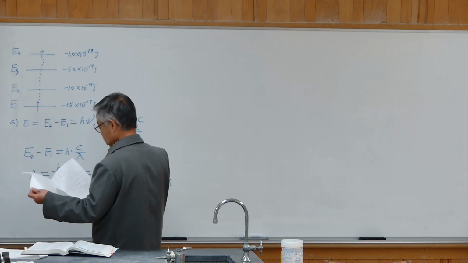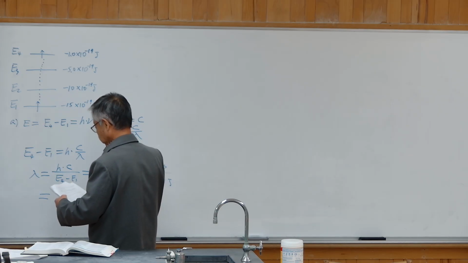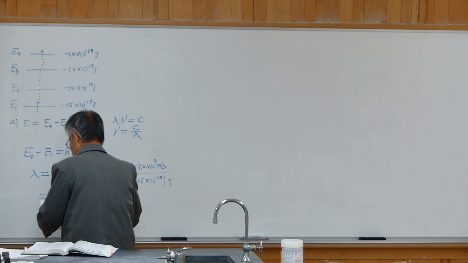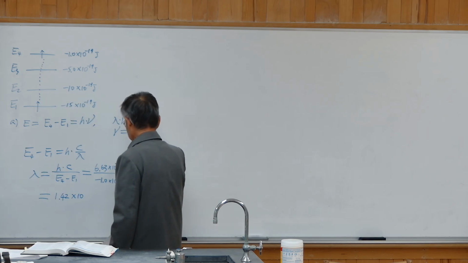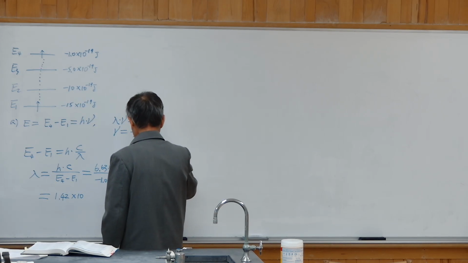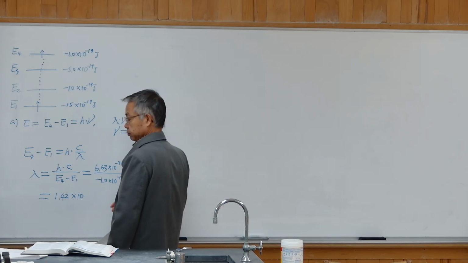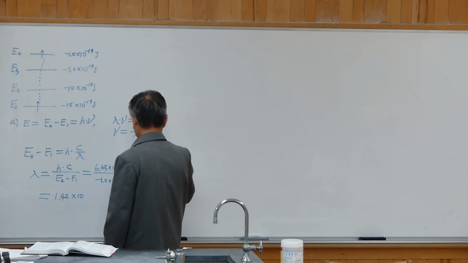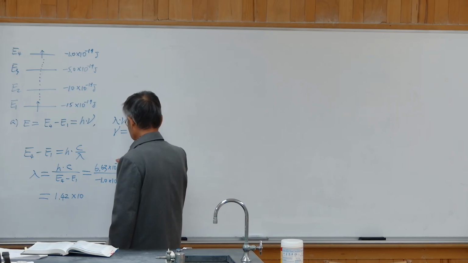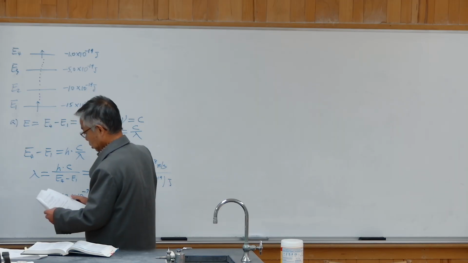This will be 1.42. Exponent negative 34 plus 8 minus negative 19, which is plus 19. So plus 19 together with 8 is 27. Then negative 34 will be negative 7. Unit is meter.